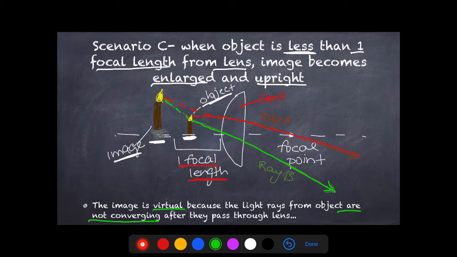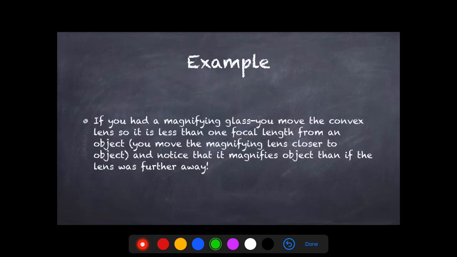But when you have an object that's within one focal length of the convex lens, you're going to have light rays that are going to go through the lens that are not going to converge, and they're going to create a virtual image because there's going to be virtual rays. And so you can clearly see that this image right here is a lot bigger, it's upright, and it's virtual.